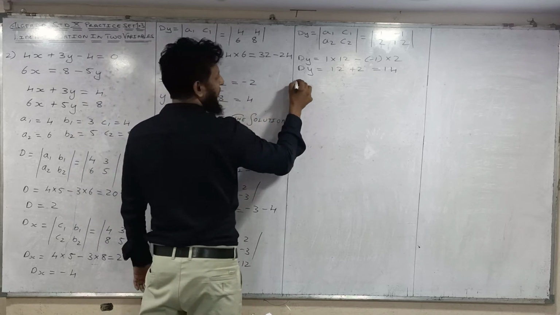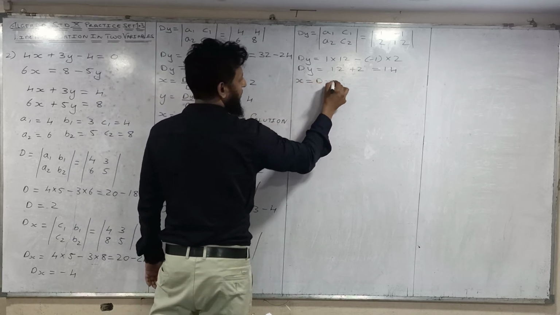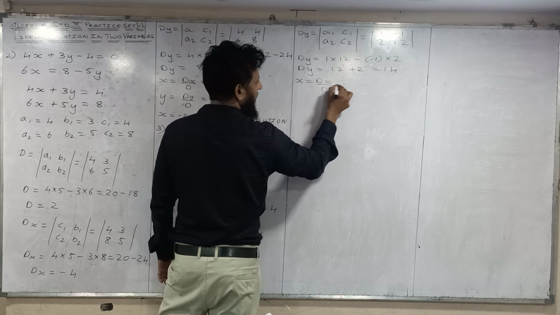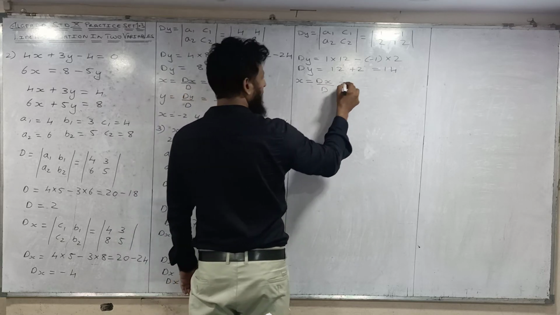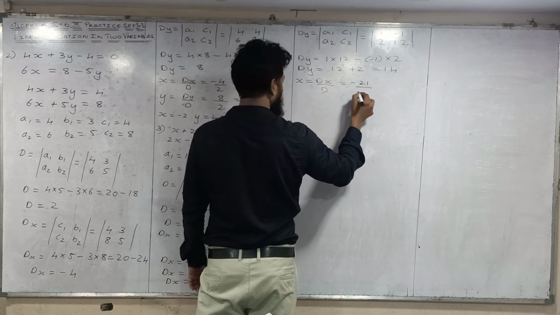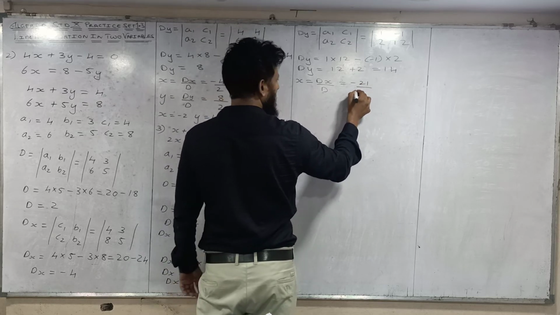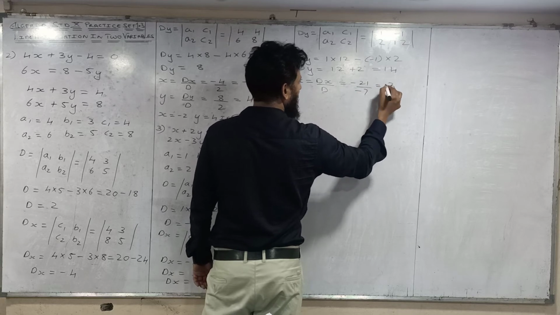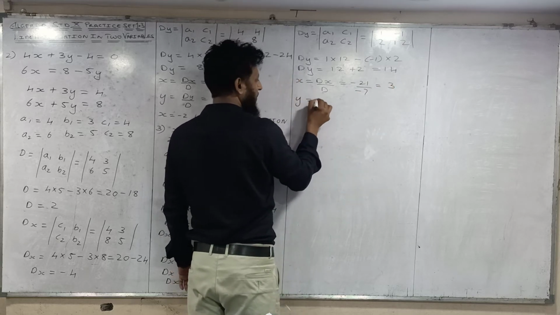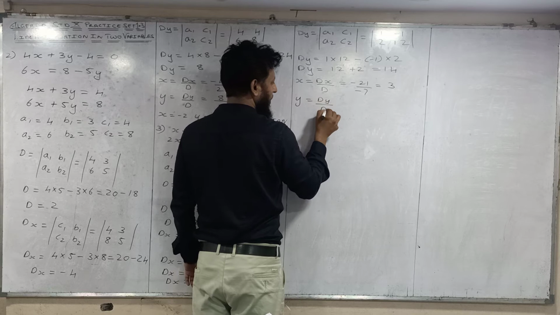Now find the value of x. Dx upon d. So dx is minus 21 and d is minus 7. Minus minus cut, 7 3s are 21, so 3. y is equal to dy upon d.